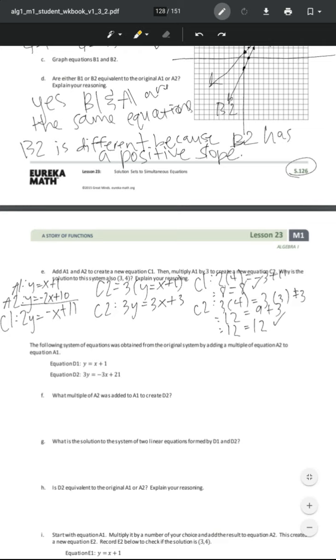So we took A2 and we multiplied that by 2. Again, if we look at A2, I'll rewrite A2 for you up here. A2 is y equals negative 2x plus 10.